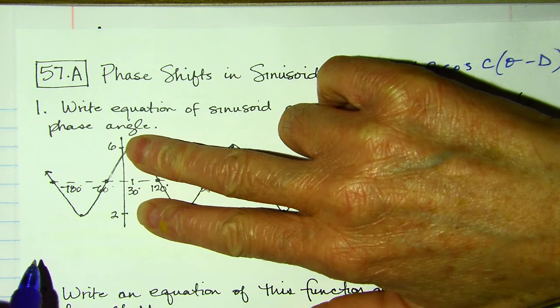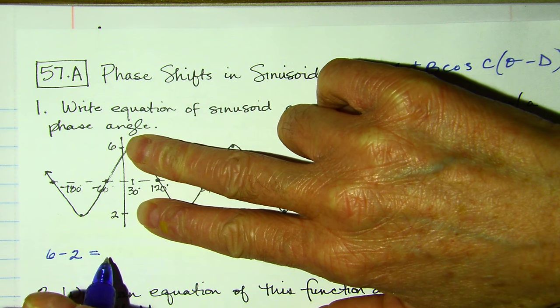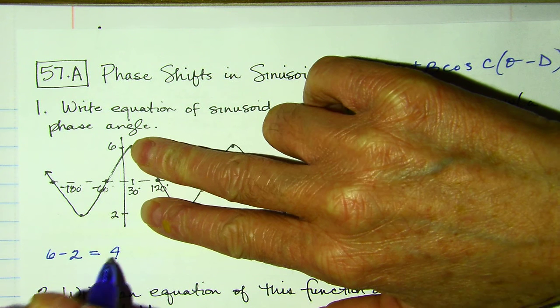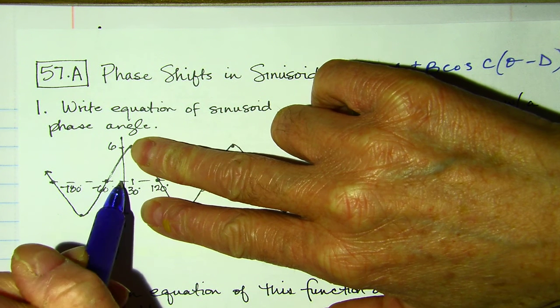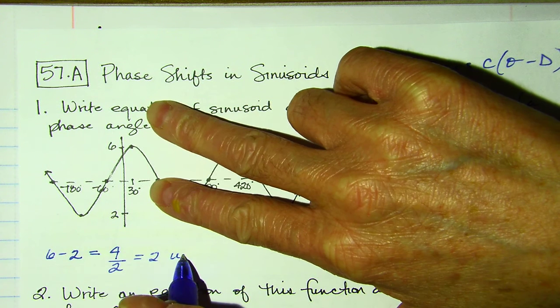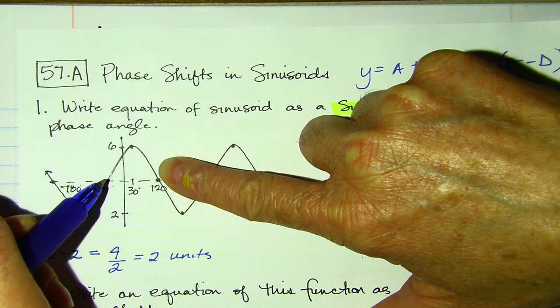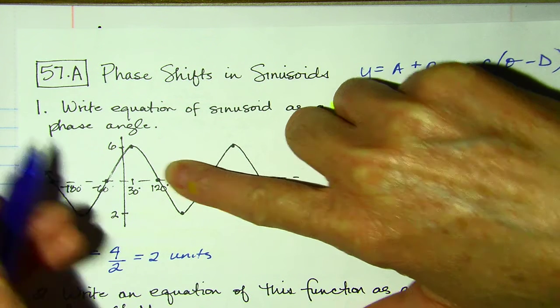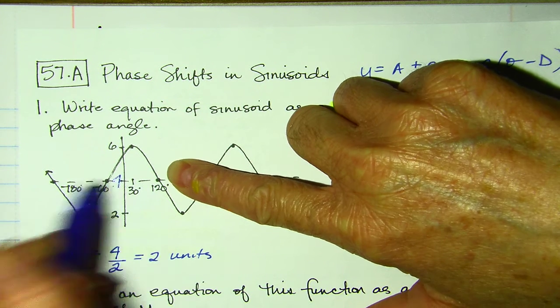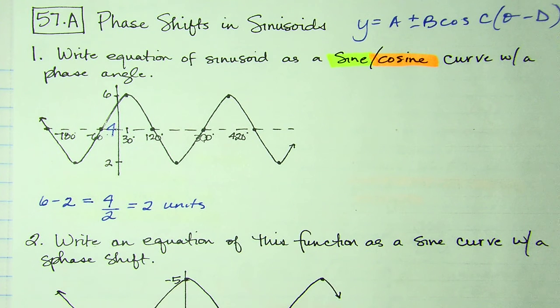So this goes from 6 to 2, and I'm looking for a number in the middle. So 6 minus 2 means these have a distance of 4, but this has to be halfway, so I'm cutting it up. So 2 units. So if I went 2 units to the left of 6 or to the right of 2, this should be at 4, right? 4 would be halfway between positive 6 and positive 2.